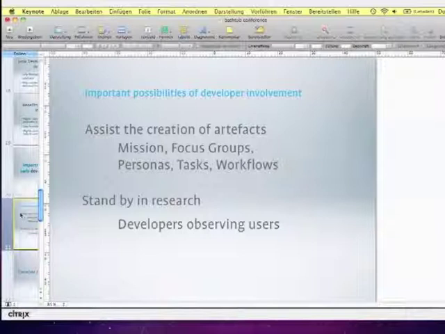And one more point is to have the developers stand by during research. Now, the most impressive thing is having developers observing users, trying to find out how prototypes work, or reacting to prototypes, even paper prototypes. That's really interesting and helpful. So these are the ways you can involve developers.